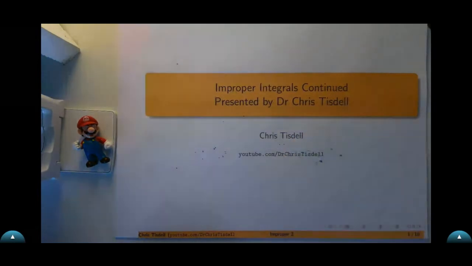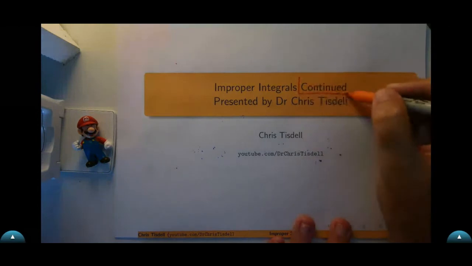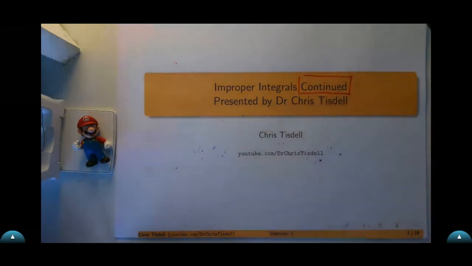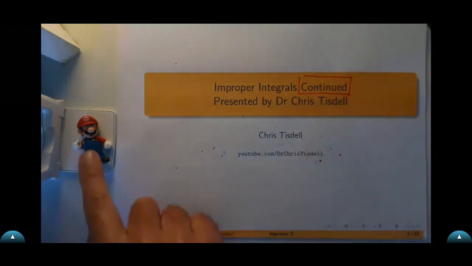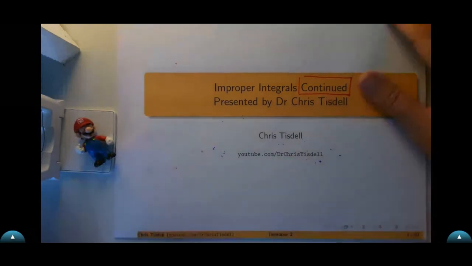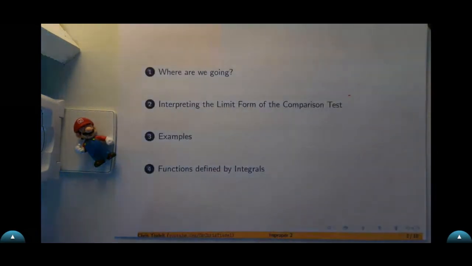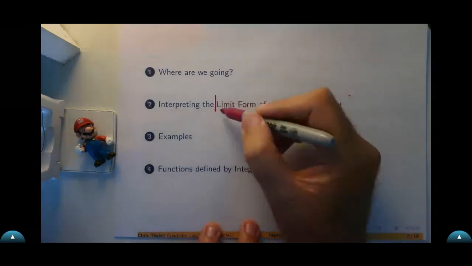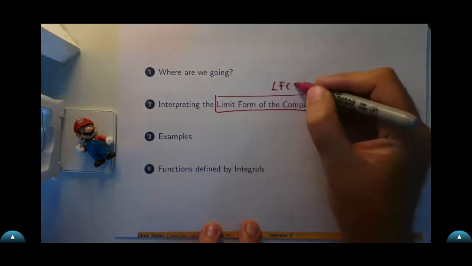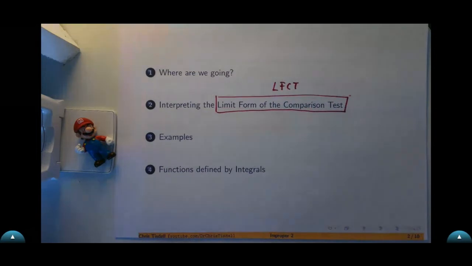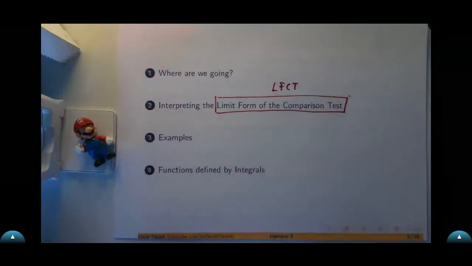Today's lecture is a little bit more about these improper integrals. We're going to talk about a special test that involves limits. The most important thing is LFCT, the limit form of the comparison test.